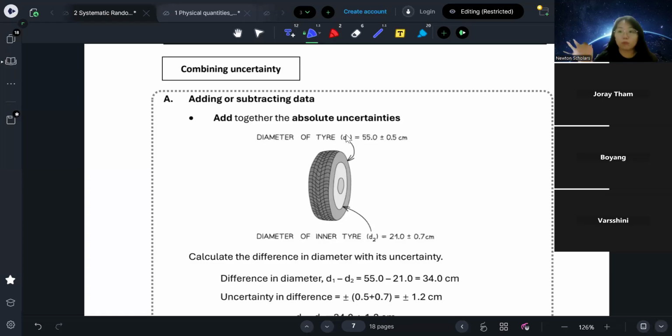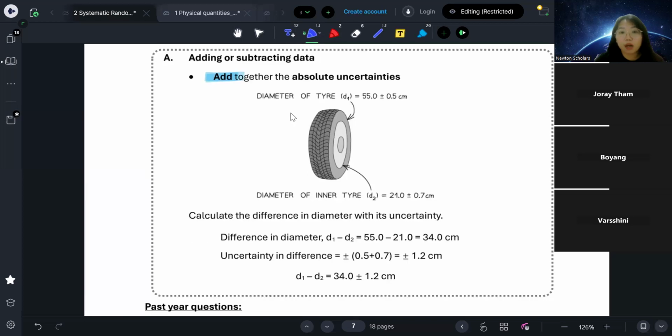Okay, so here is case number 1. If your data or your question asks you to plus or minus the data, how do we handle the uncertainty? We just add it up together. I'll highlight this: add up the absolute uncertainty together. Look at this, the diameter of the inner tire.